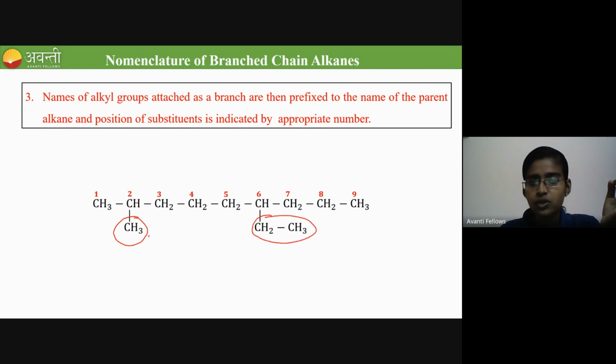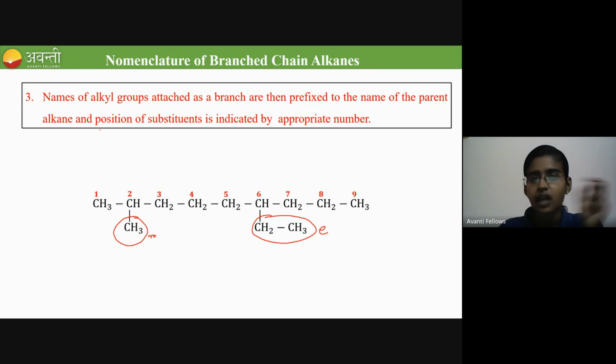As I have told you, this is methyl and this is ethyl. So 2 branches we are having, and they are prefixed to the name of the parent alkane. You have to write those alkyl groups which are branches as a prefix. From that prefix only you have to start the name.